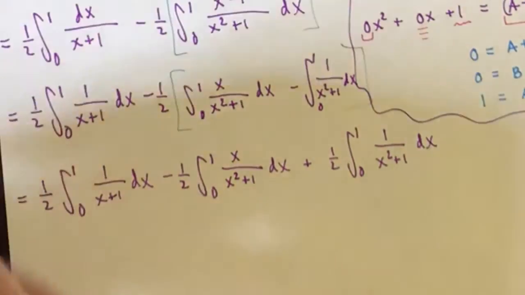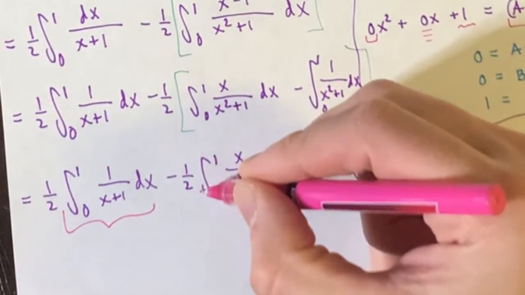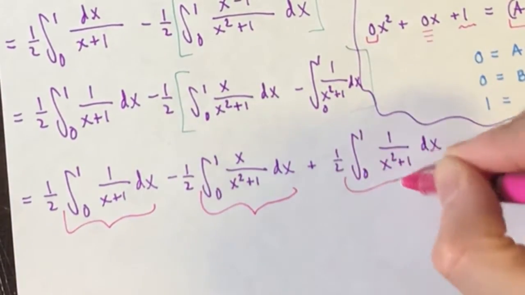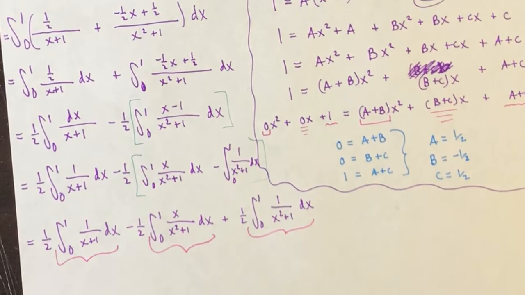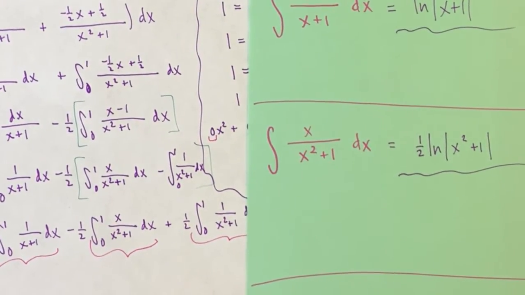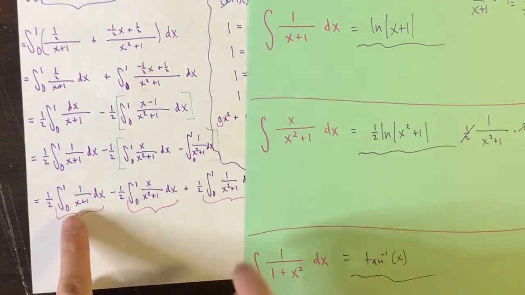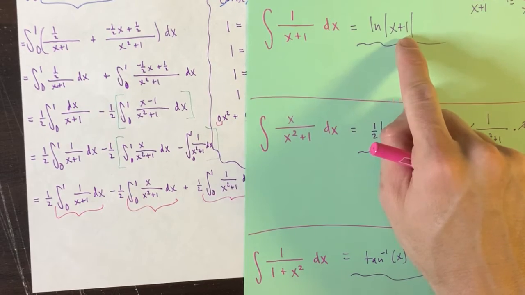Now, why don't you look at this here, look at that there, and look at this here. Those should look familiar. Those are the FYIs that we did at the beginning of this video. Now, this here, that is this guy. So that integral just becomes ln of x plus 1.